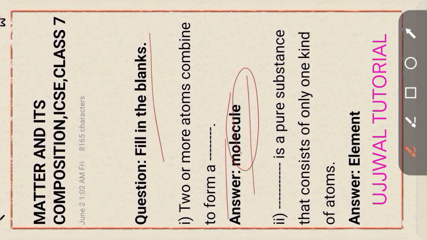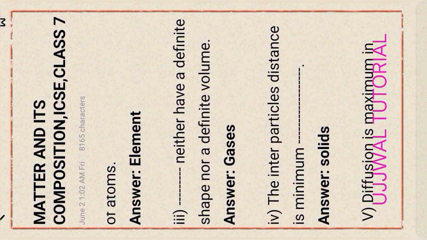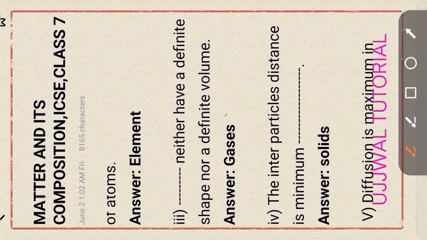Next question, question number 2. Dash is a pure substance that consists of only one kind of atom. The answer is element. An element is a pure substance that consists of only one kind of atom. Next question, question number 3. Dash neither has a definite shape nor a definite volume. The answer is gases.